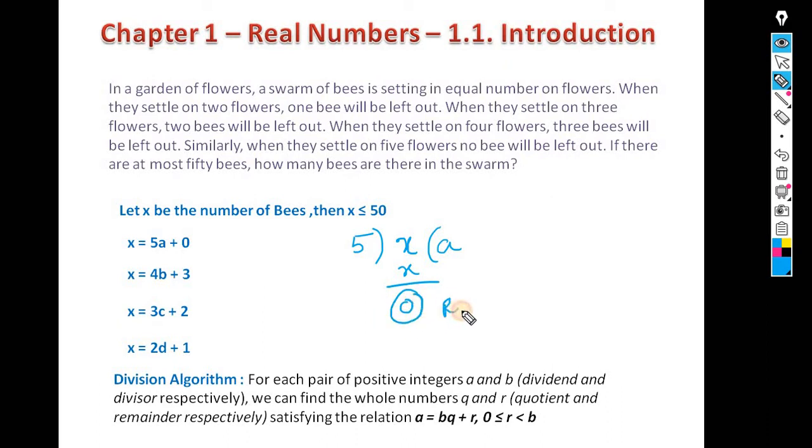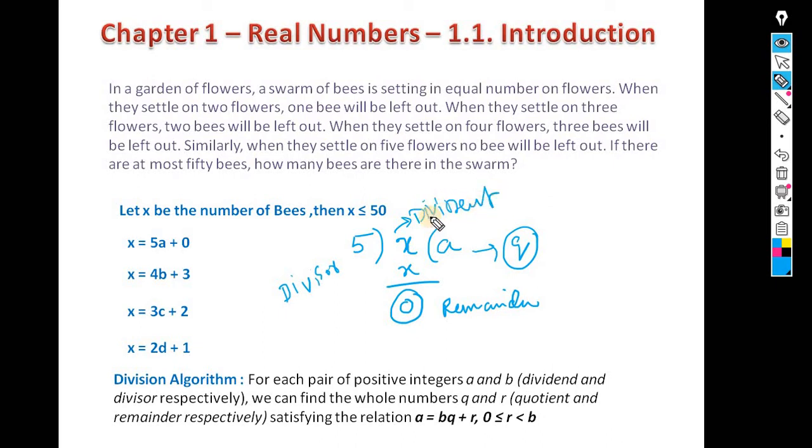So this part I am talking as remainder, this one is your quotient, this part is your divisor, and this part is your dividend.